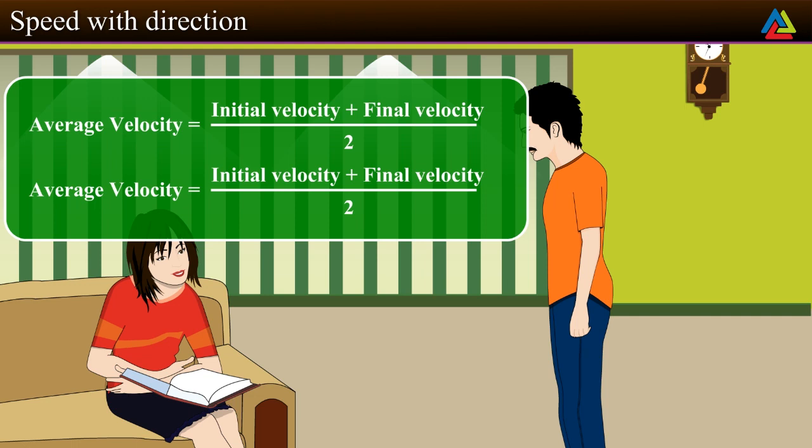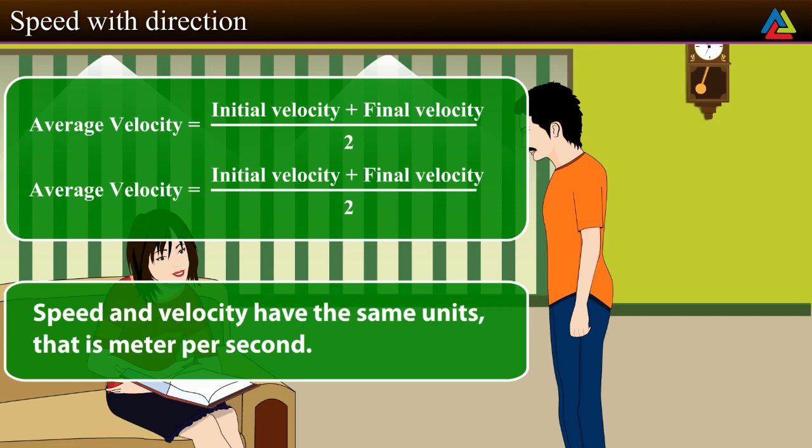Mathematically, average velocity is equal to u plus v upon 2, where u is the initial velocity and v is the final velocity of the object. Speed and velocity have the same unit, that is, meter per second.